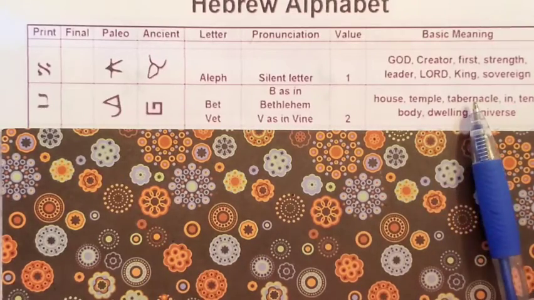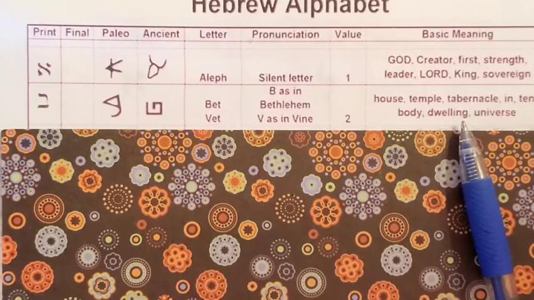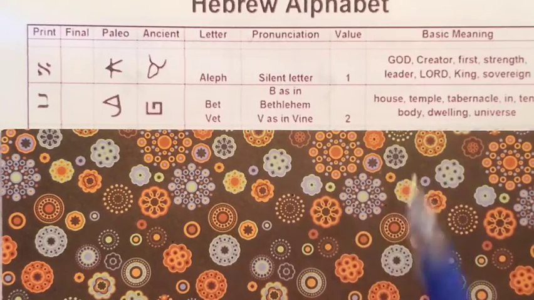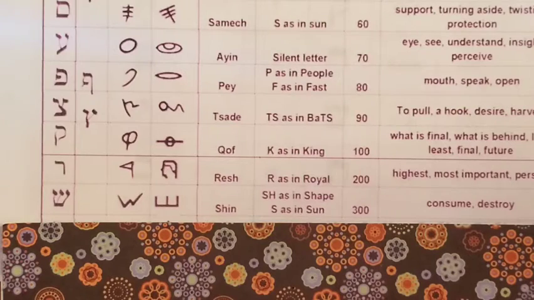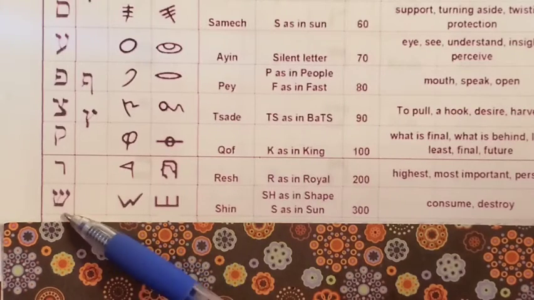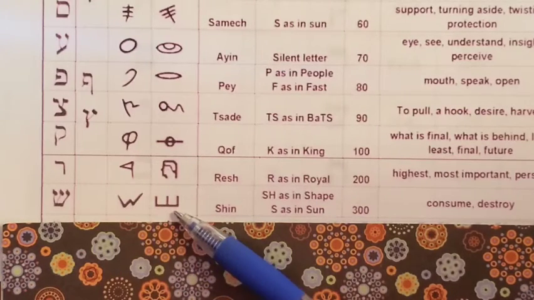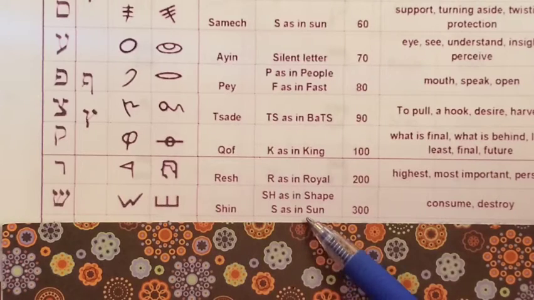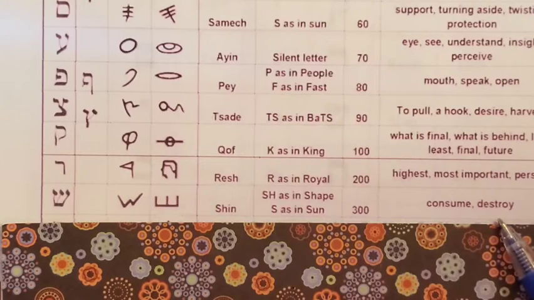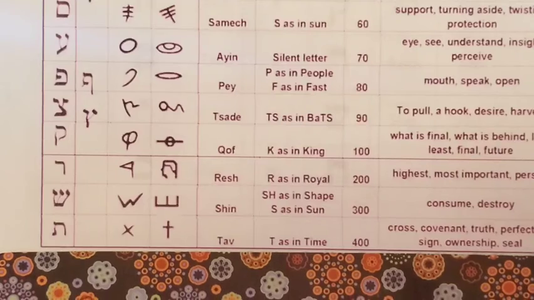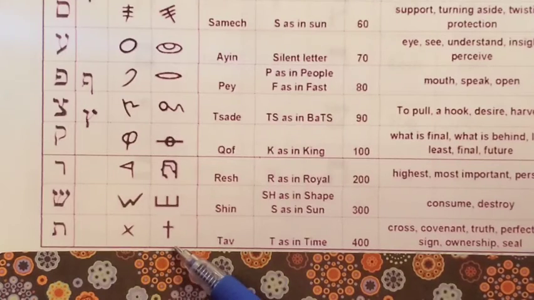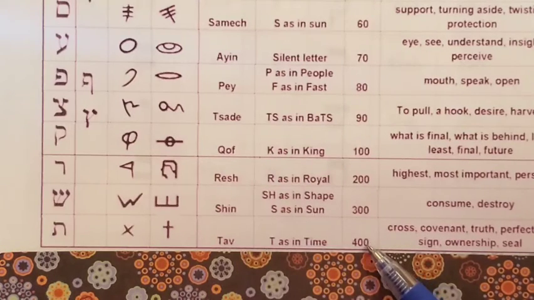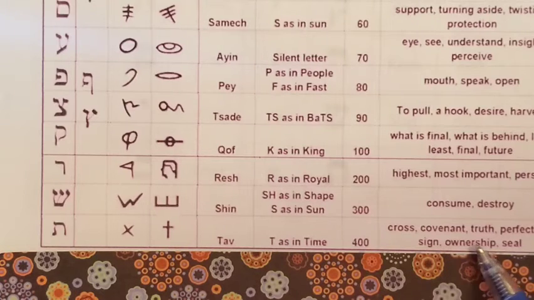So definitely I'll put the link to these below, and you can print this out and put a copy of this maybe in the front of your notebook or wherever you're learning. Also, we can look at our letter Shin, Paleo, ancient, the number, and it means consume and destroy. Went over that one. And lastly, the Tav again, the 400, and it means cross, covenant, truth, perfection, sign, ownership, and seal.